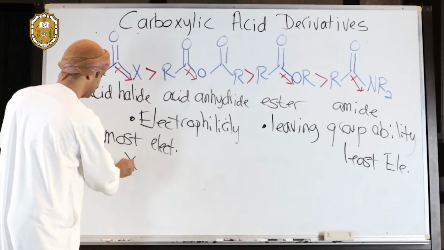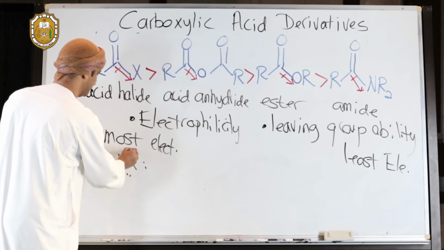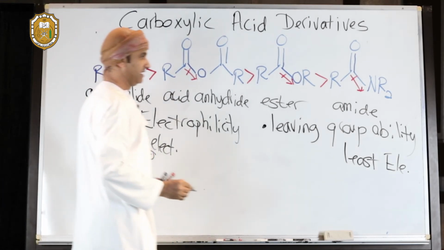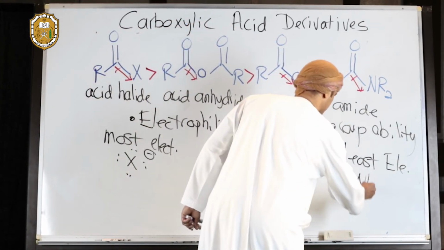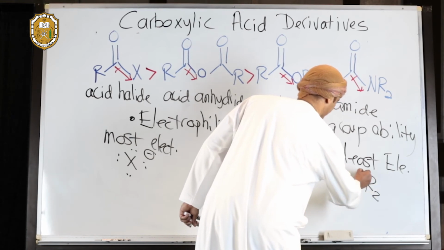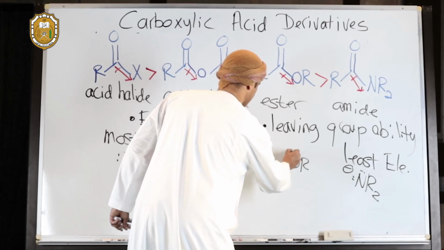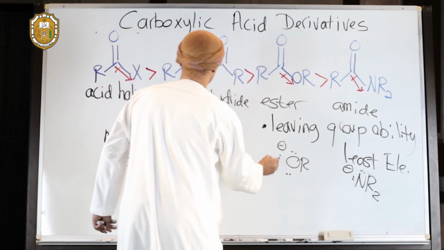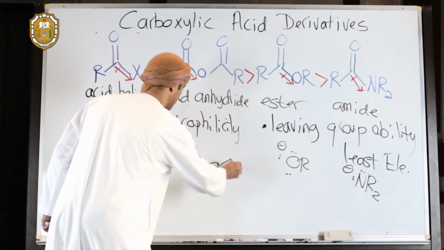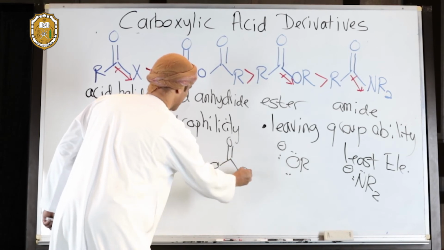Now X minus as a leaving group should be the best leaving group versus NR2 minus, and OR minus as a leaving group, and the carboxylate as a leaving group.